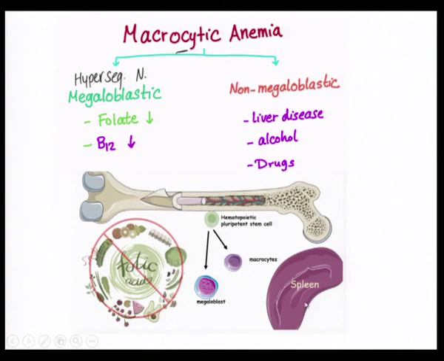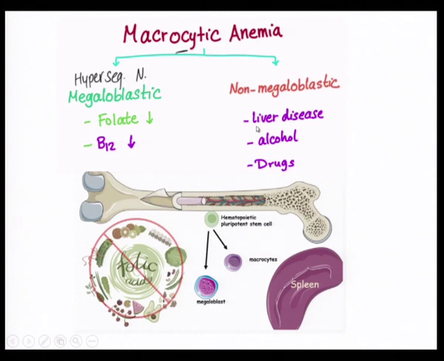So, they go over there in the spleen, they reside and undergo further maturation, and they become functional phagocytes. So, whenever there is deficiency of folic acid and deficiency of vitamin B12, then people suffer from megaloblastic anemia. In either case, megaloblastic or non-megaloblastic, the overall size of the cell would be a little bigger, and it is actually a kind of anemia.